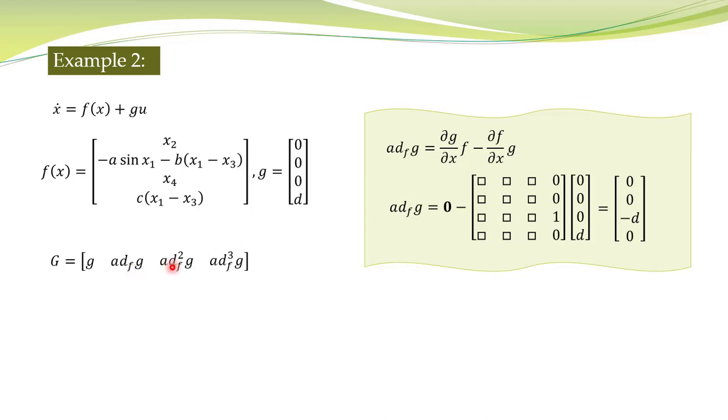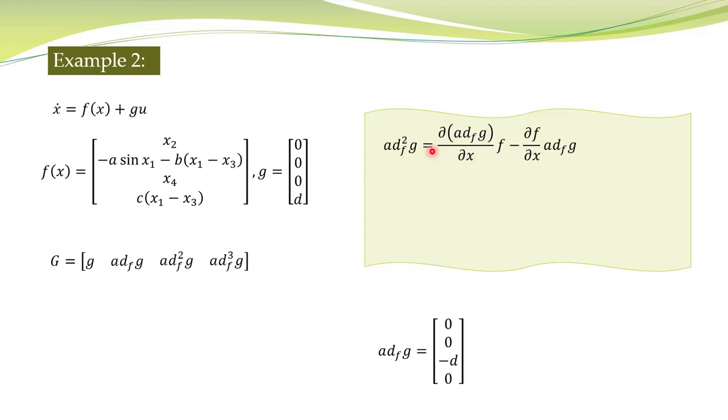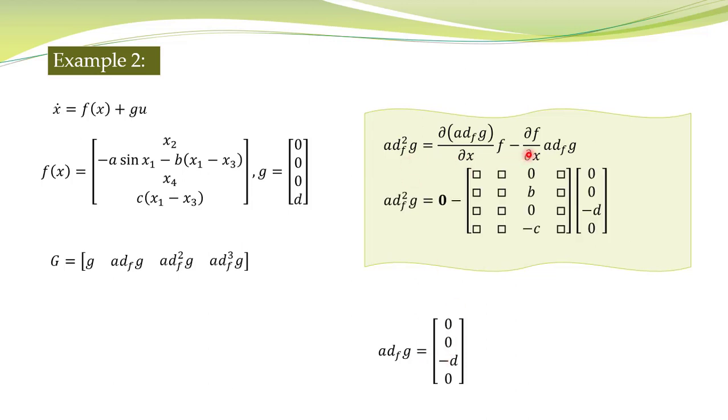Next we would compute this expression. This second adjoint by definition is given by this expression. This ad f g has already been computed and written over here. Again it is some constant, its partial derivative with respect to x will be 0, and partial f over partial x times ad f g.